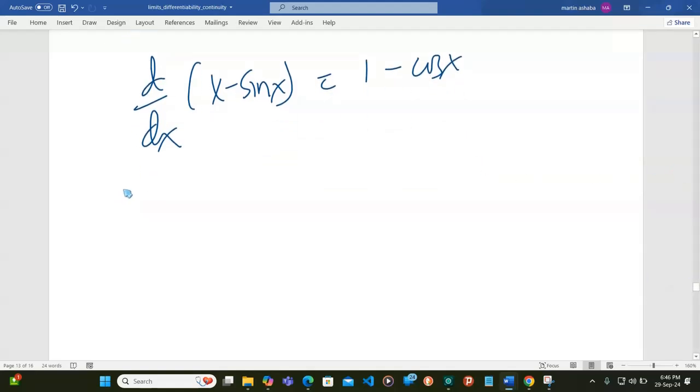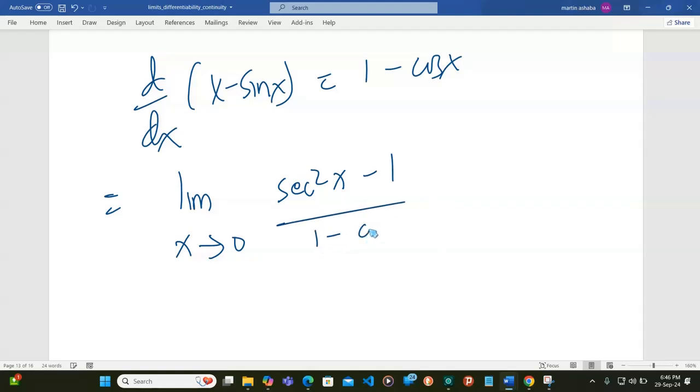So this is going to be the limit as x tends to 0 of sec squared x minus 1 divided by 1 minus cos x.